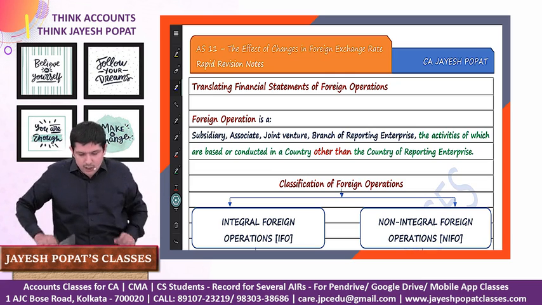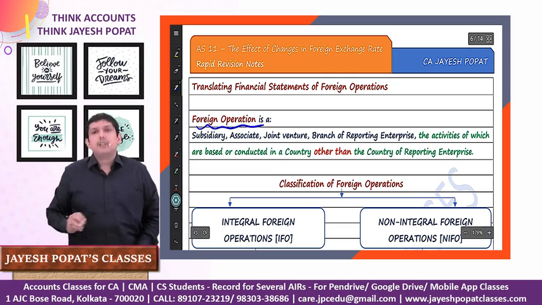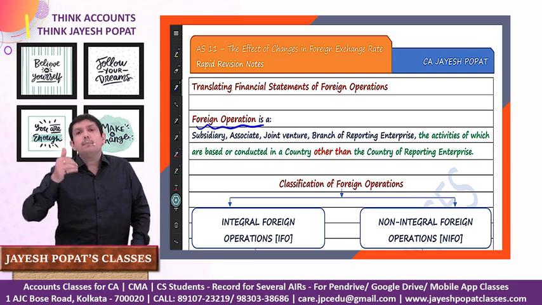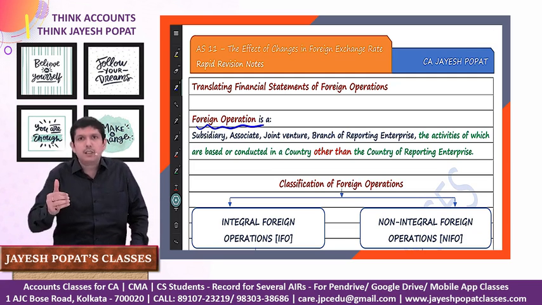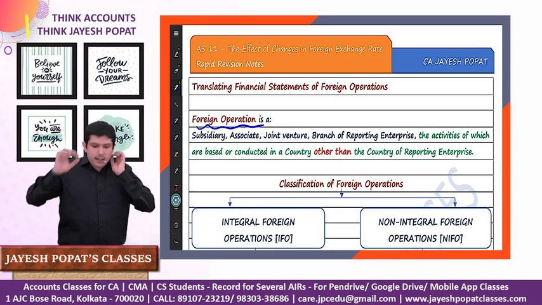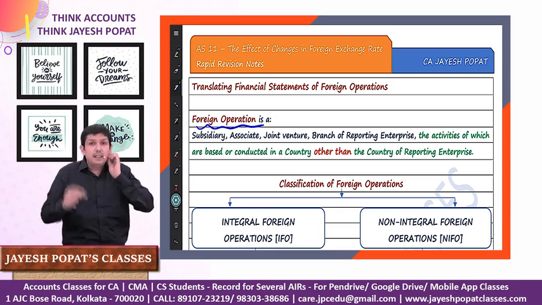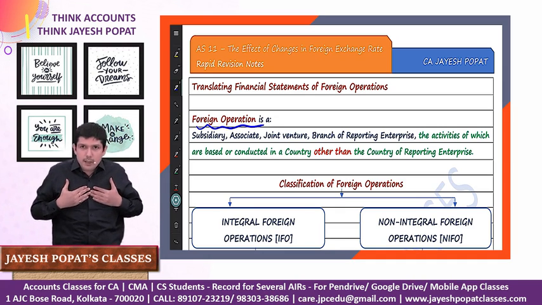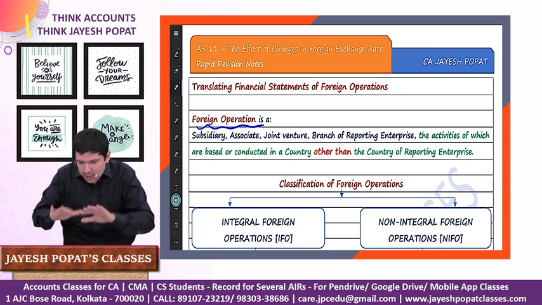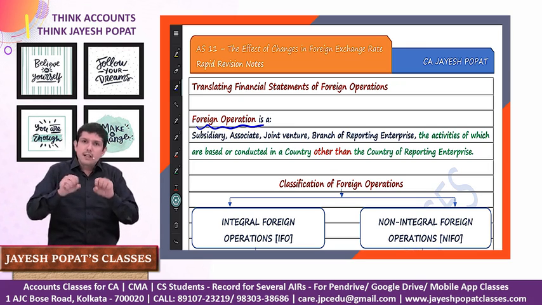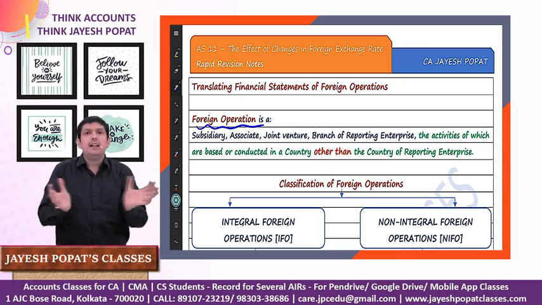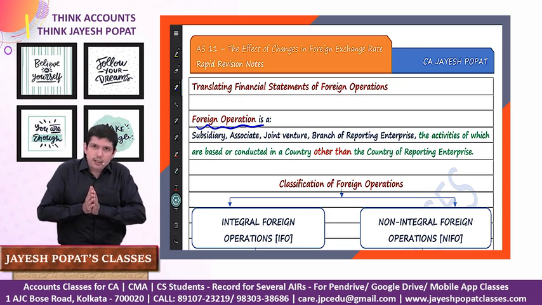Let us understand first what a foreign operation is. A foreign operation is either my subsidiary, my associate, my joint venture, or my branch, which is operating in a country other than the country of the reporting enterprise. So if I am the reporting enterprise, domiciled in India, and my subsidiary, joint venture, associate or branch is operating outside India, they will be treated as my foreign operation.